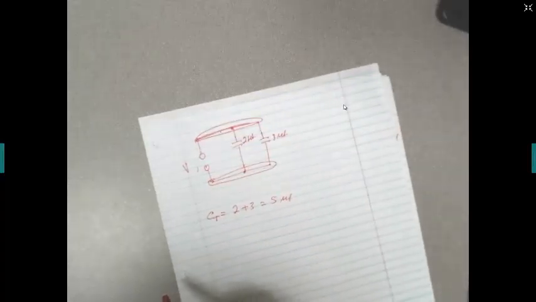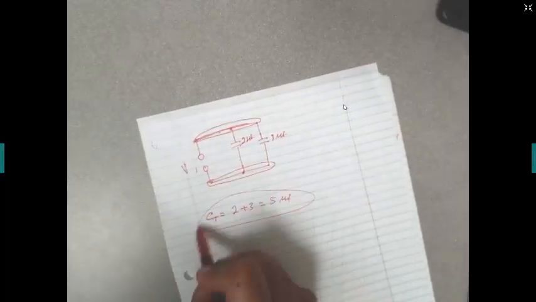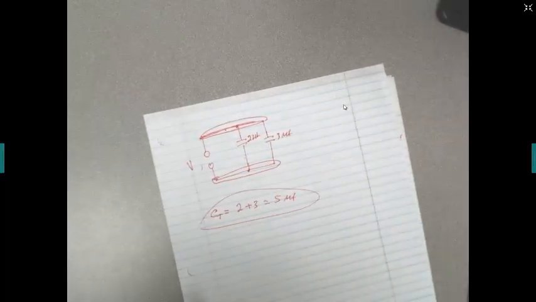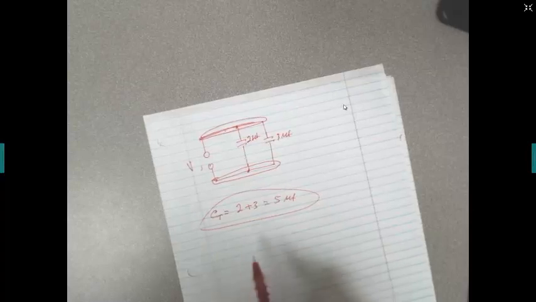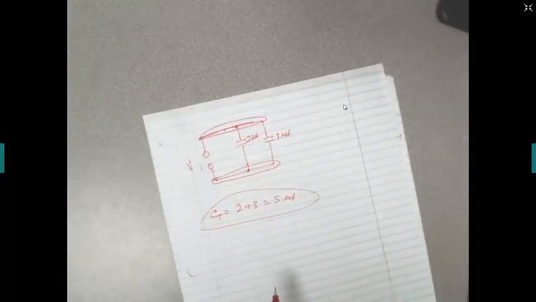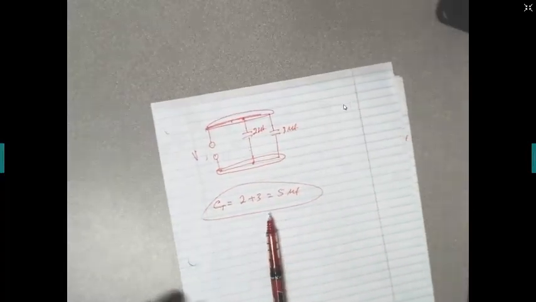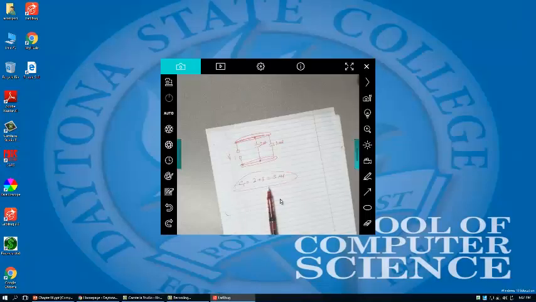All right, and that would be the end of it. That is how to find the equivalent or total capacitance when you have two capacitors in parallel like this one. So let me go back to the PowerPoint.